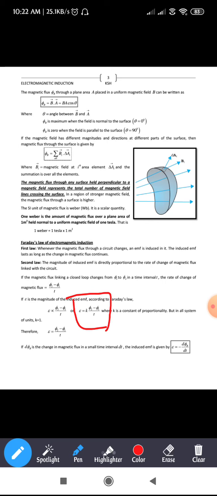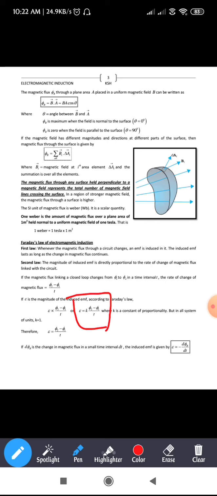K is a constant, called the constant of proportionality. In all the systems the value of K comes out to be 1. So E is equal to phi2 minus phi1 divided by t or dt. The change in magnetic flux, phi2 minus phi1, can be expressed as d phi.